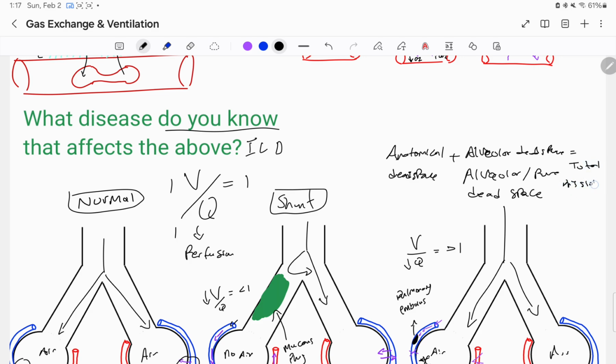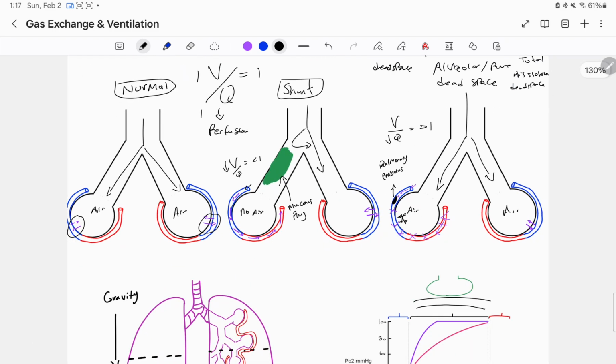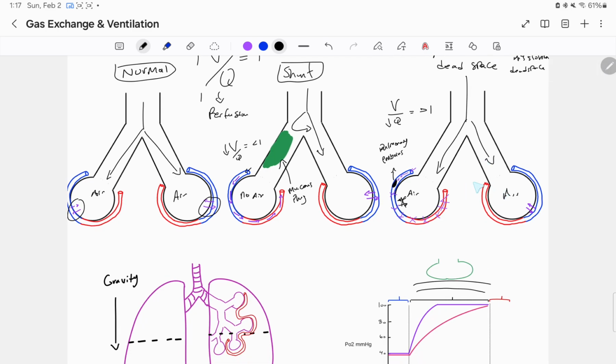Total physiological dead space. And you can see that the anatomical dead space, like I said, is usually fixed, okay? But this alveolar dead space can actually contribute to your total physiological dead space, right? If you increase this, that's going to mess you up really badly. Okay, so that's the scenario here.